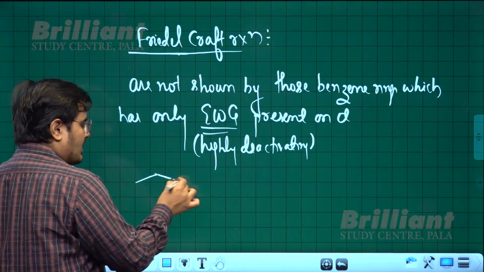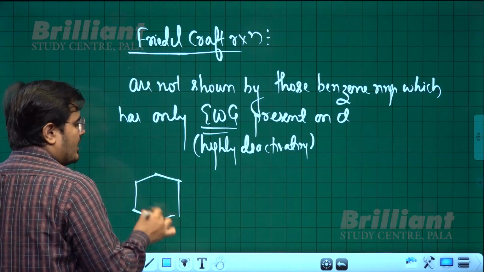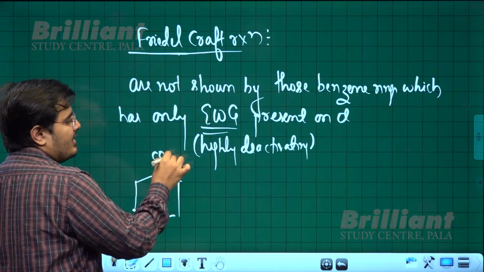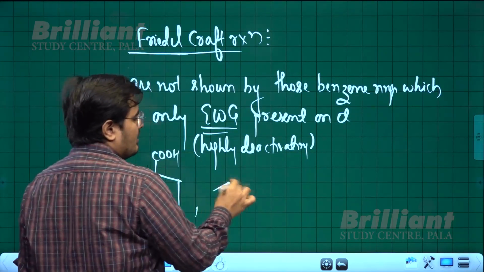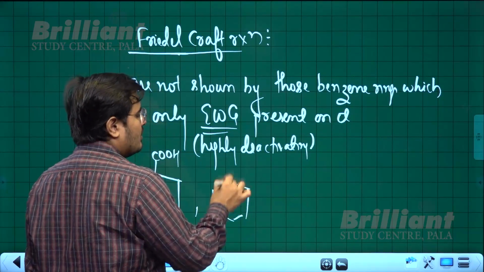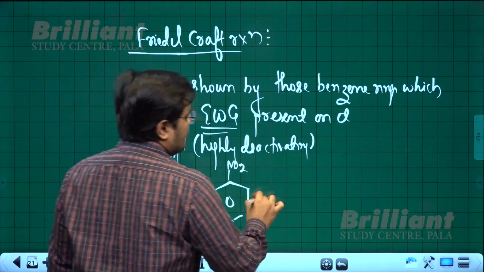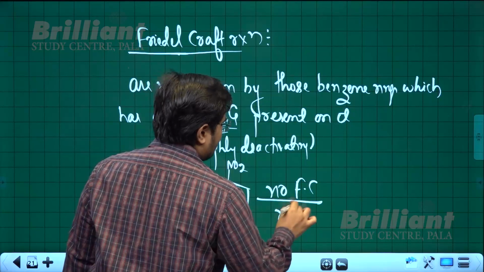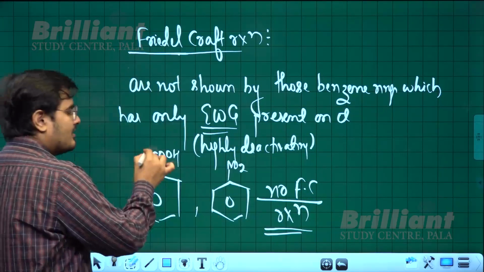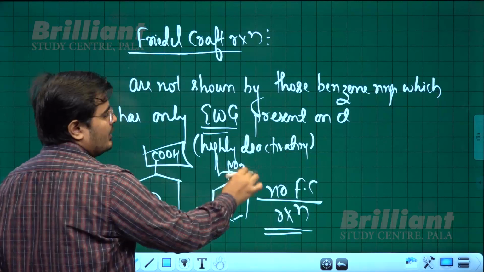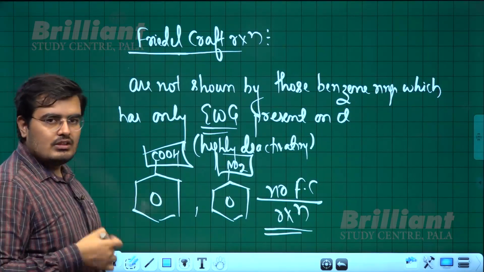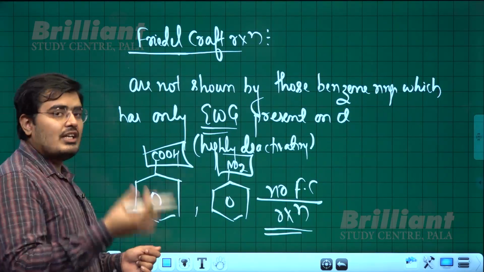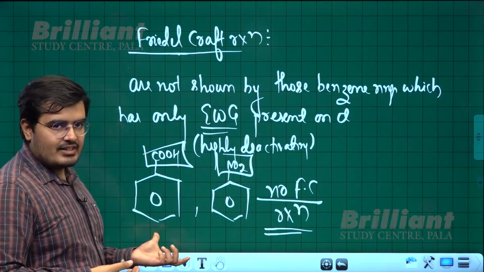For example, if I am trying to do a Friedel-Crafts reaction on benzoic acid or nitrobenzene, then in these cases there will be no Friedel-Crafts reaction, as these electron withdrawing groups deactivate the benzene ring to a very large extent and make it very less reactive.